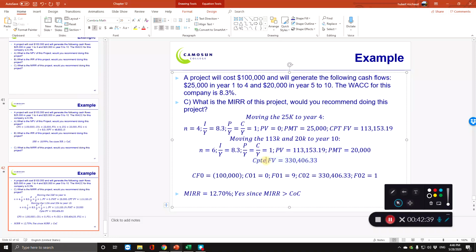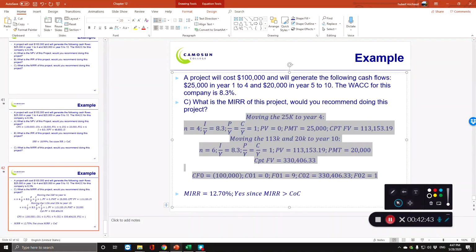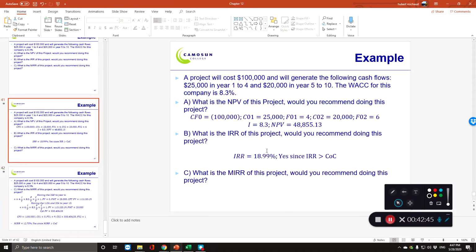Look at the amount of work we did to get the MIRR here. It's a lot easier to do the IRR. So since practically they give us the same answer, even though the MIRR is theoretically superior, it doesn't really matter. Most people will just use the IRR. We should also do the project based on the NPV because the NPV is bigger than 0.